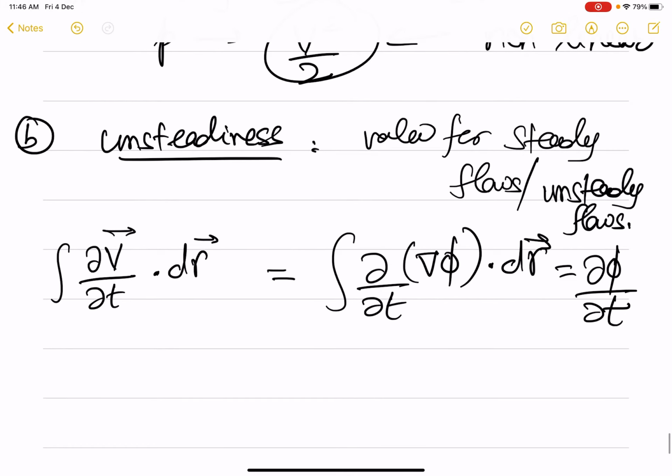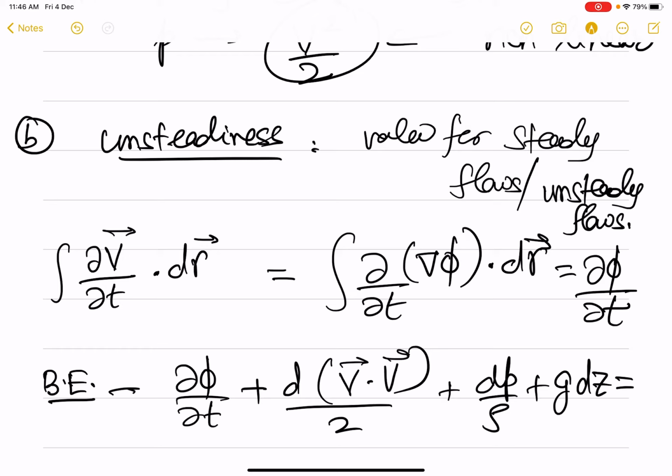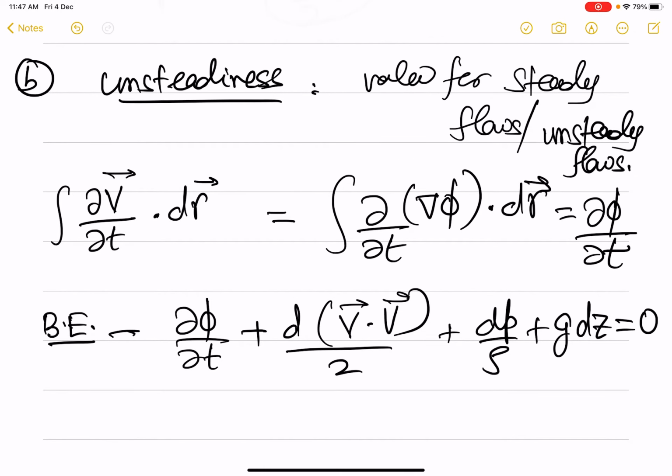So therefore, for unsteady flow, the Bernoulli equation becomes partial phi by partial t plus d of v dot v by 2 plus dp by rho plus g dz is equal to 0. So the unsteadiness is still there in Bernoulli's equation.